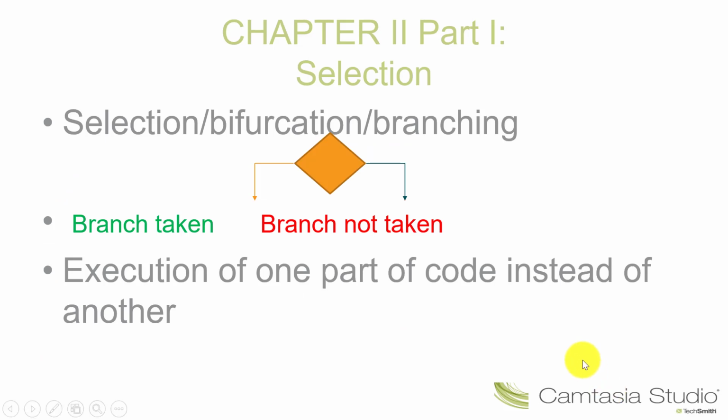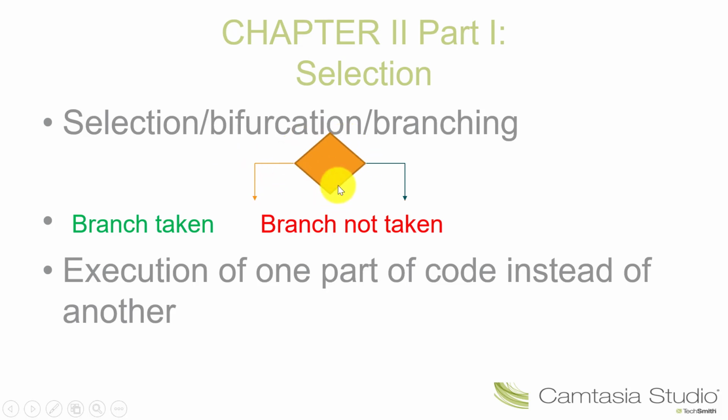what is selection? In brief, selection is a situation whereby the computer will have to choose the set of instructions to be executed while not executing another set of instructions.